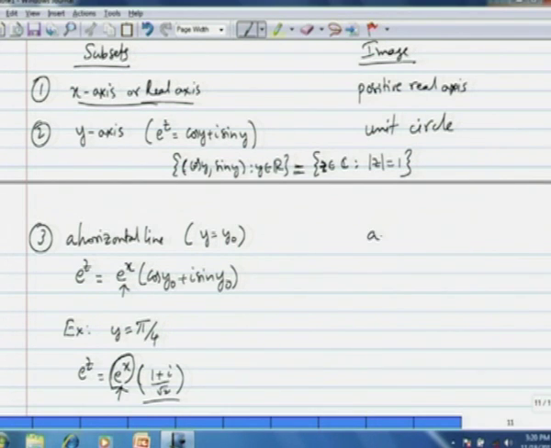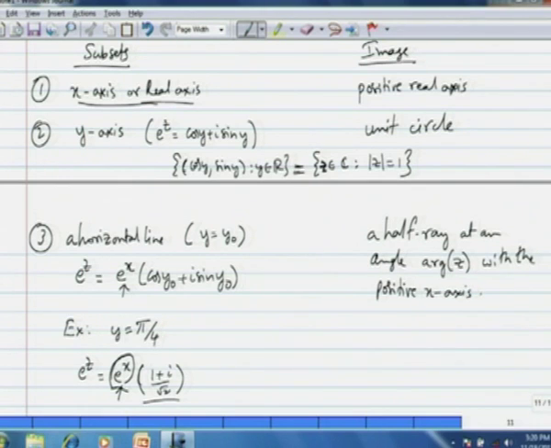I will say this is a half ray at an angle argument of z with the positive x axis, without the origin itself.